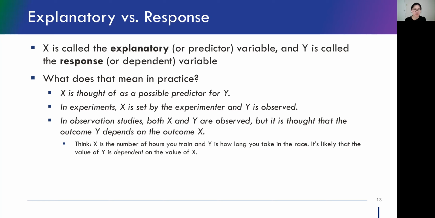So this is just a small example. X is the number of hours you train, you practice, and y is how long you take in the race. Well, common sense says that the value of y would likely depend on the value of x here.